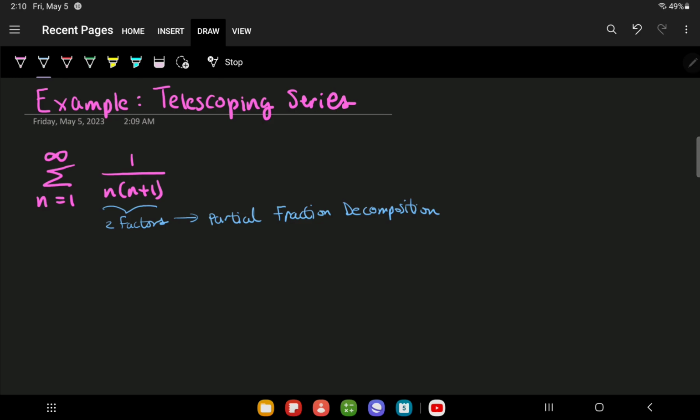The idea of telescoping is, suppose you have two terms here.